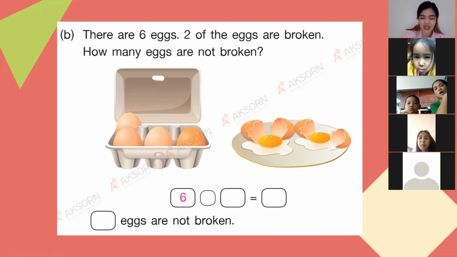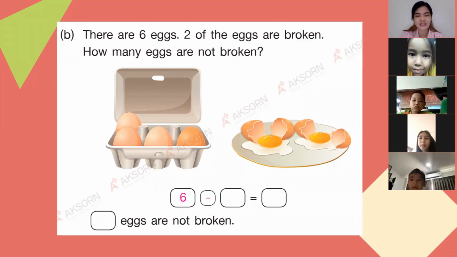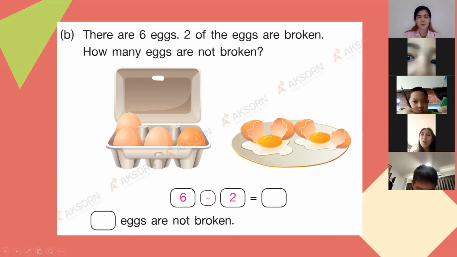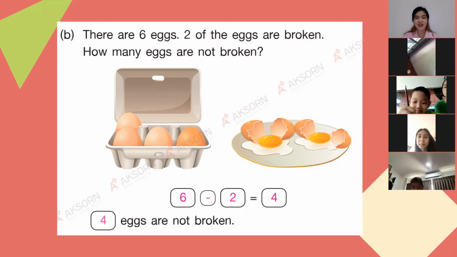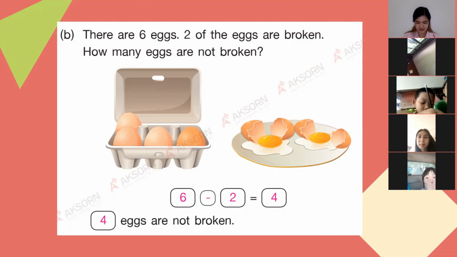We have 6 eggs, right? Minus 2, the broken eggs. How many eggs are not broken? 4. Very good. 4 eggs are not broken. So you write your answer on your book.